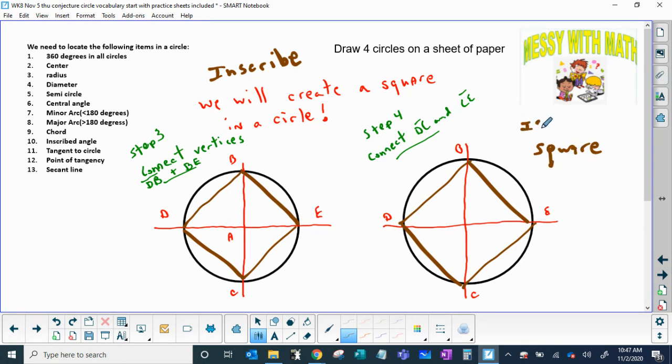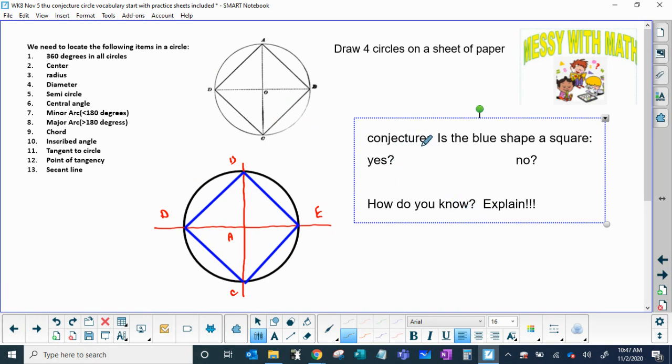Is this a square? We're going to make a conjecture. In class, we thought and we thought and we thought about all the ways we know if this is indeed a square. So is the blue shape a square, yes or no?